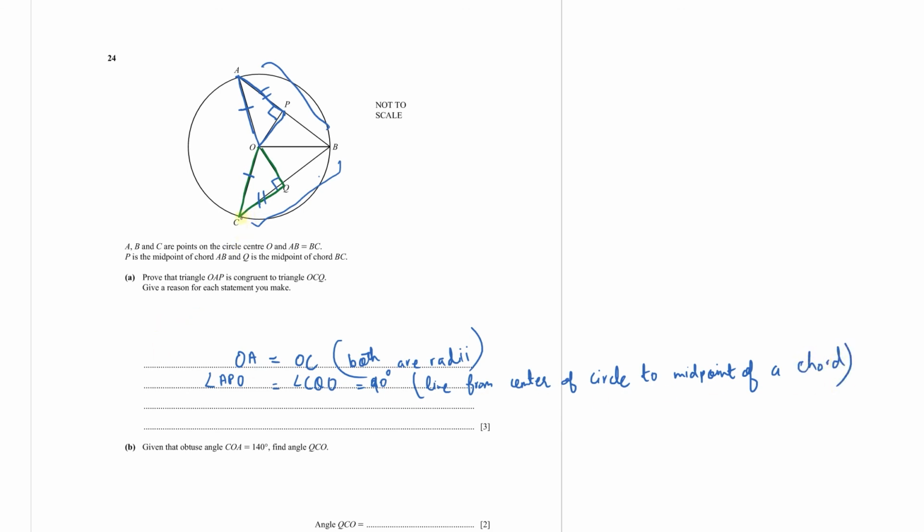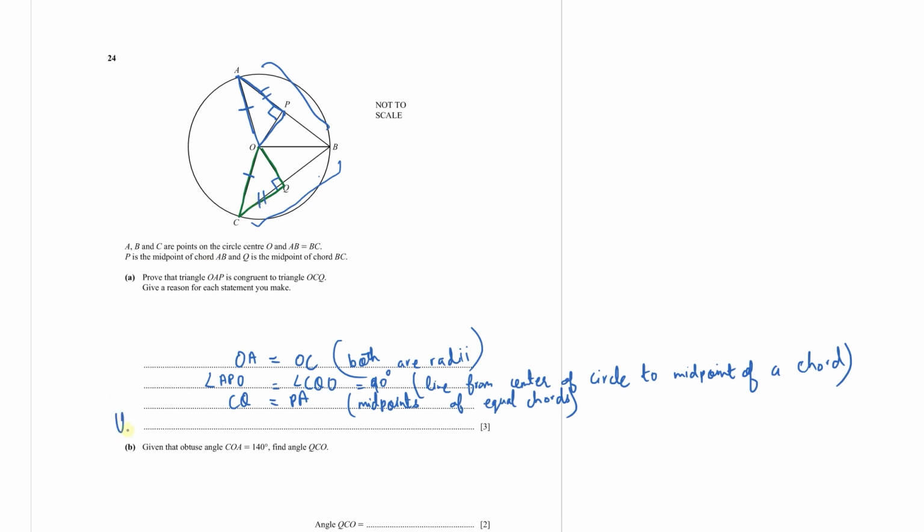And then length CQ equals PA because they are midpoints of equal chords. We are given that these chords AB and BC are equal. So we can use the RHS property, where we have the hypotenuse of both triangles and one other side equal.